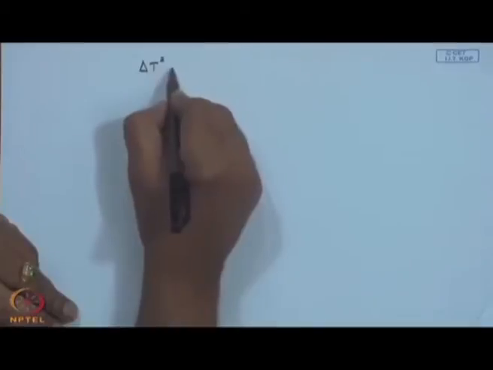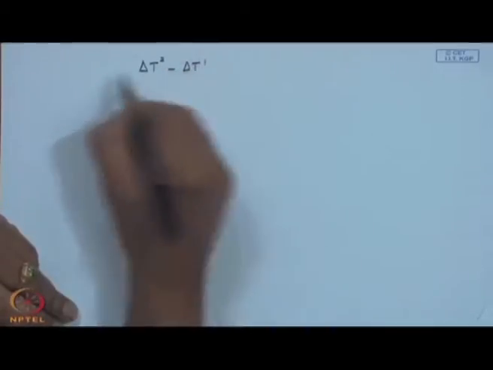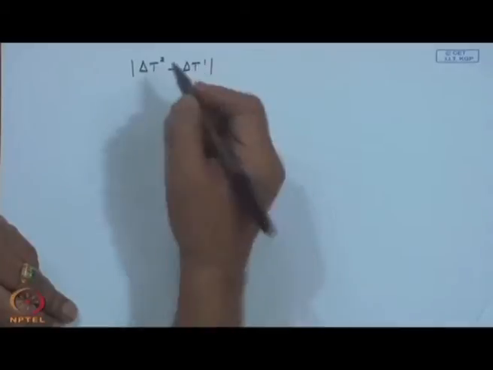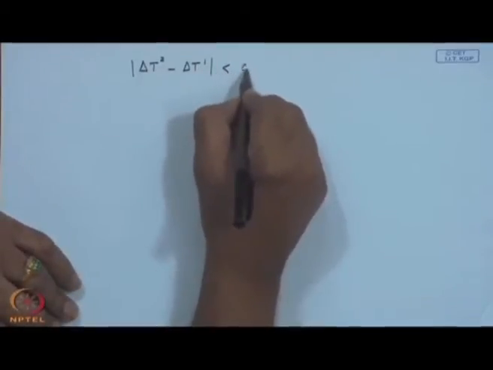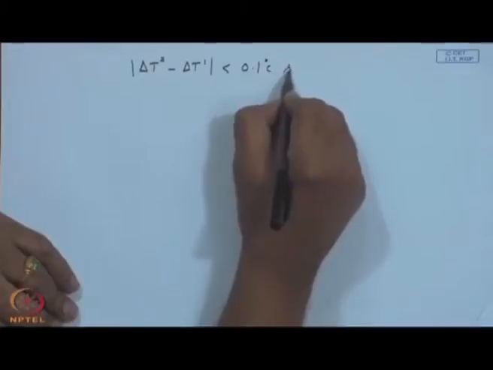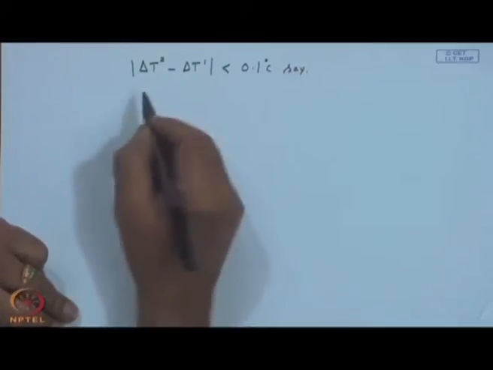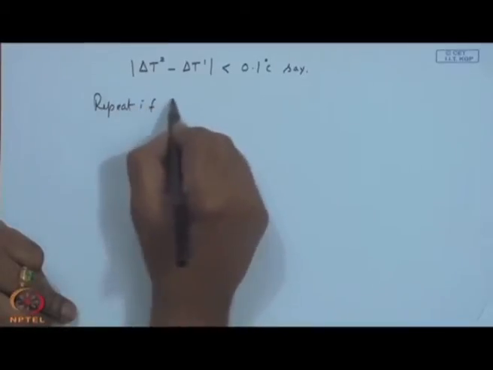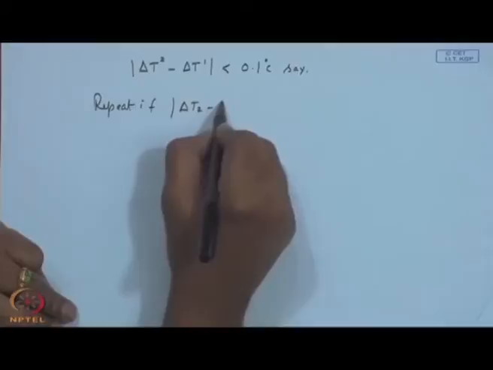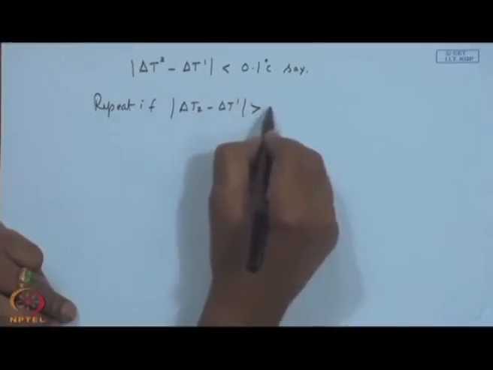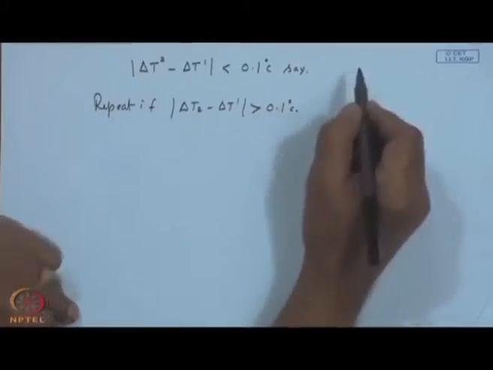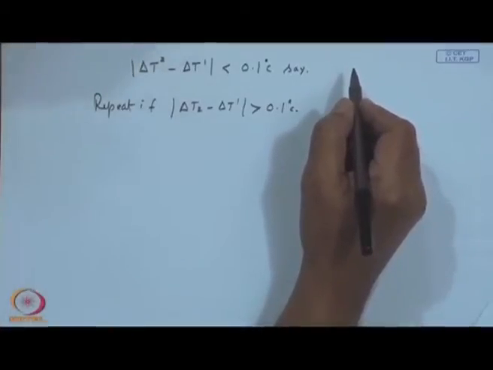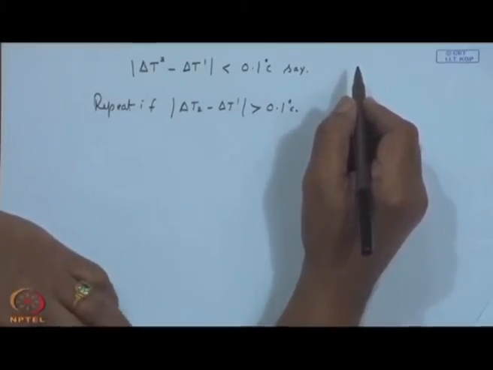So, again we will set up the same condition. First guess: the difference between these two should be, let us say, 0.1 degree C, or else repeat if it is greater than 0.1 degree C. So, you always come out with delta T 2 and then go and re-estimate your x c bar minimum and then the solar load fraction.